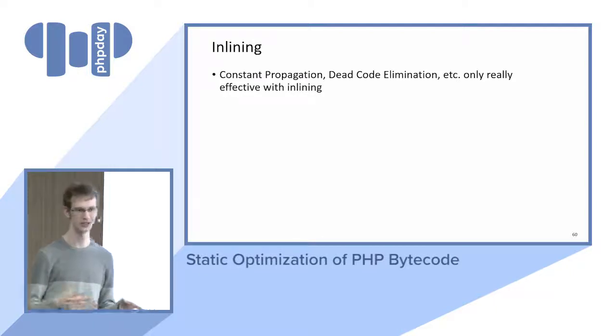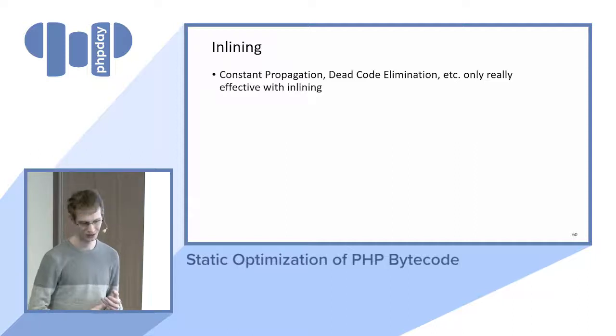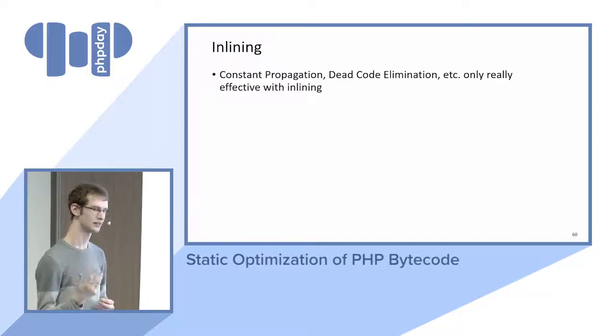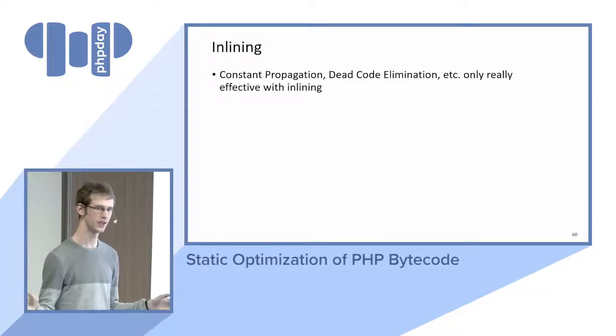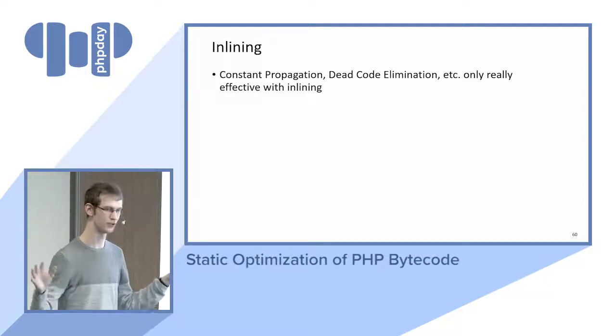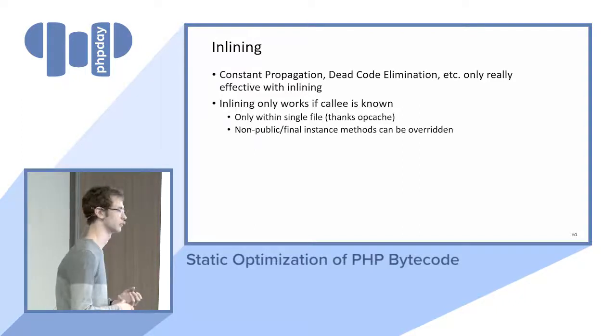Usually it only appears due to a combination of inlining and constant propagation and so on. But inlining is a very nice concept, and at least in languages like C, it works exceptionally well. There, basically all the performance improvements start with inlining. But in PHP it doesn't really work out well.